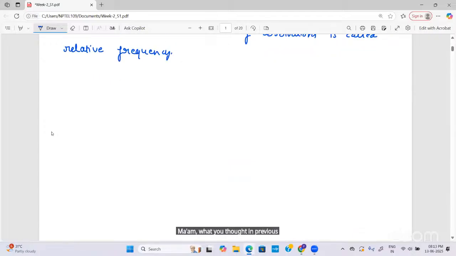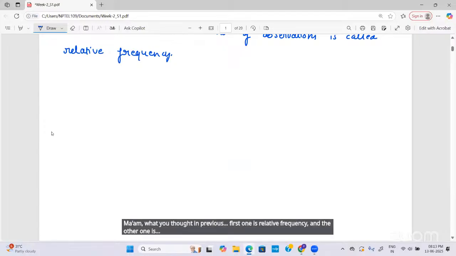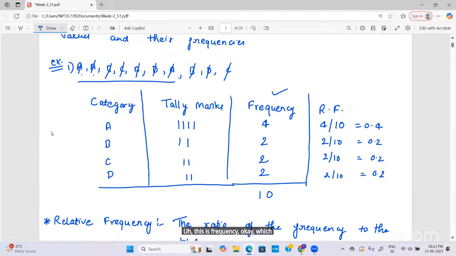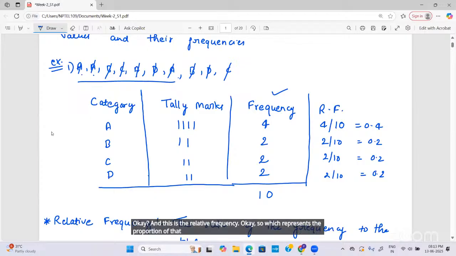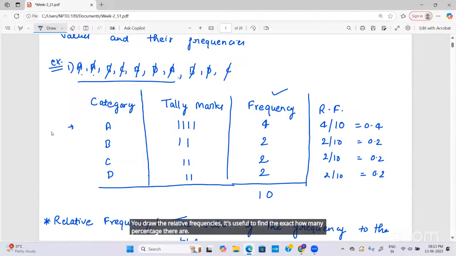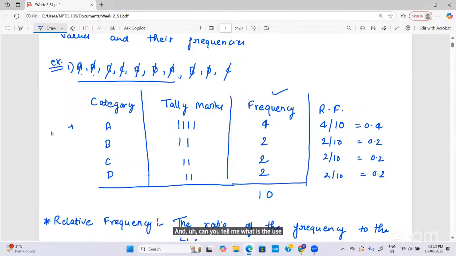Ma'am, in the table, the first one is relative frequency and the above one is? This is frequency, which represents the count of that particular category, and this is the relative frequency, which represents the proportion of that category in the entire data set. Can you tell me what is the use of normal frequency?